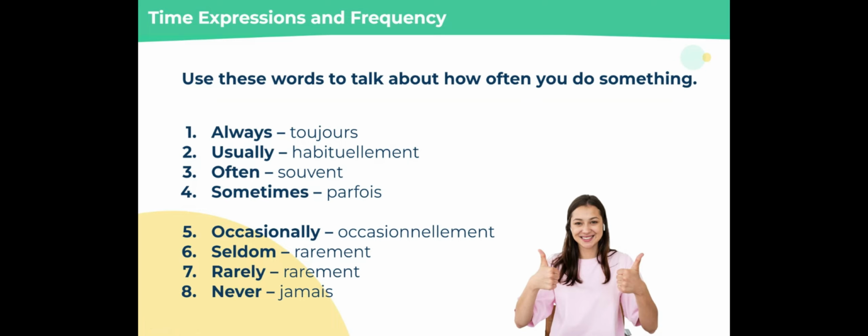So we've got here some time expressions and frequency. Use these words to talk about how often you do something. Okay, so we've got these adverbs of frequency. Number 1, always. Number 2, usually. Number 3, often.